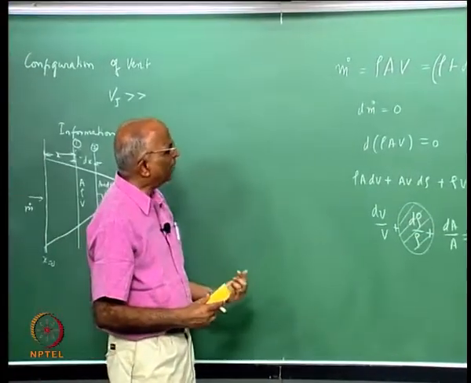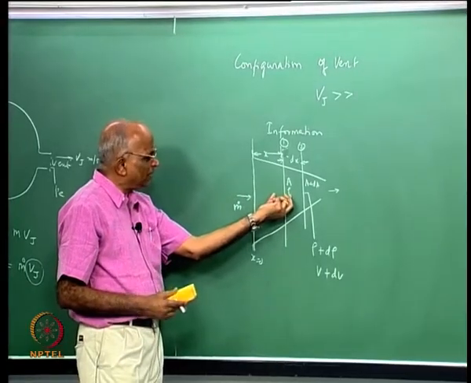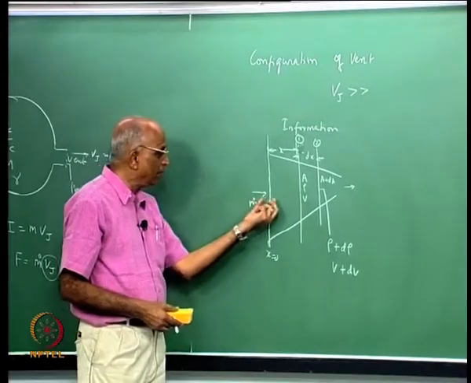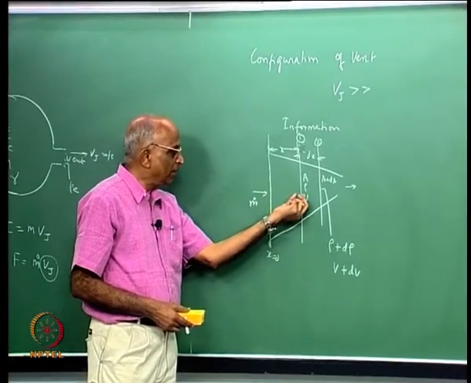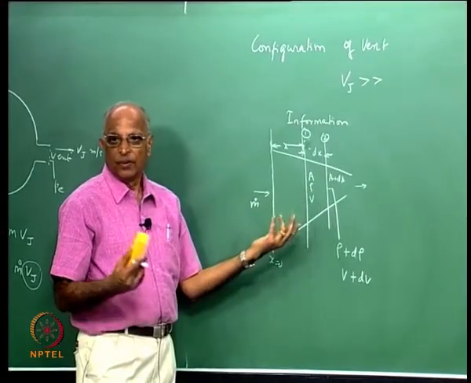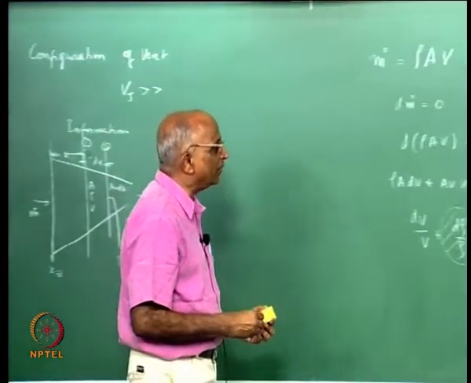Therefore, to do that, I again go back and ask myself, can I write one more equation? Let us say the momentum equation. What does the momentum equation tell me? It tells me the rate of change of momentum must be equal to the impressed force. Therefore, let us write the momentum equation.